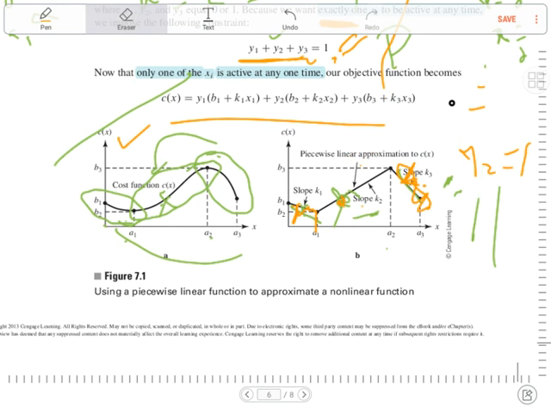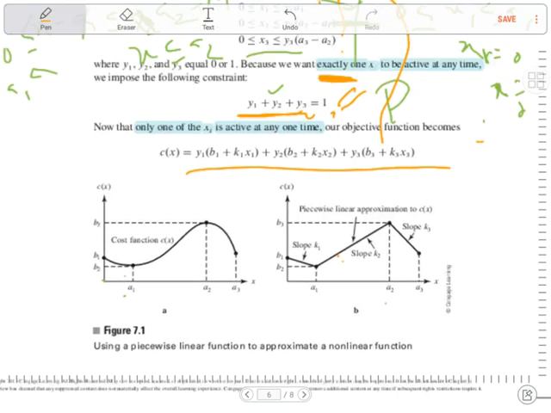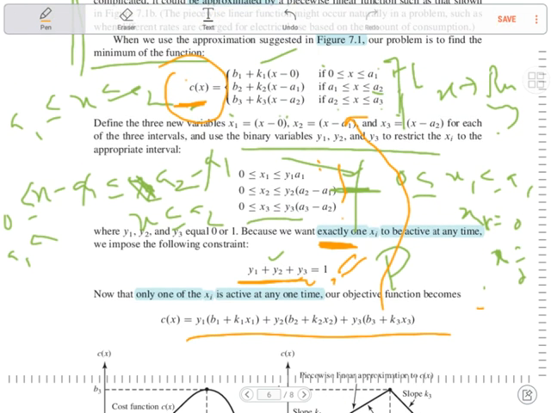I just rub this all out. This cx is taking this simple expression rather. You see everything is coming inside. The first part is y1 into b1 plus k1 x1, because x minus 0 I have taken to be x1. Then this part, y2 into b2 plus k2 into x2. And then the last one, y3 into b3 plus k3 into x3, where x minus a2 is taken to be x3.